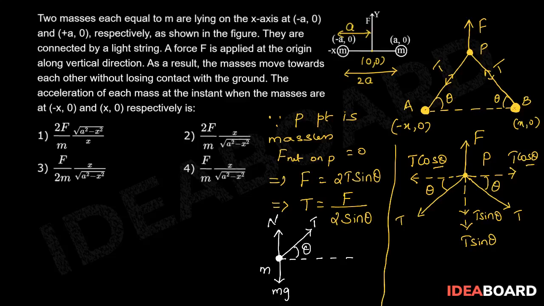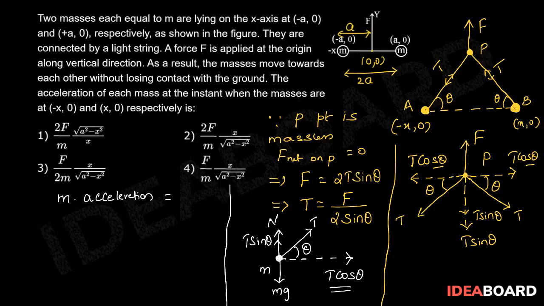Now T gets resolved into two components as T cos theta and T sin theta. Now T cos theta is an unbalanced force, so we can write mass multiplied by acceleration equal to T cos theta.